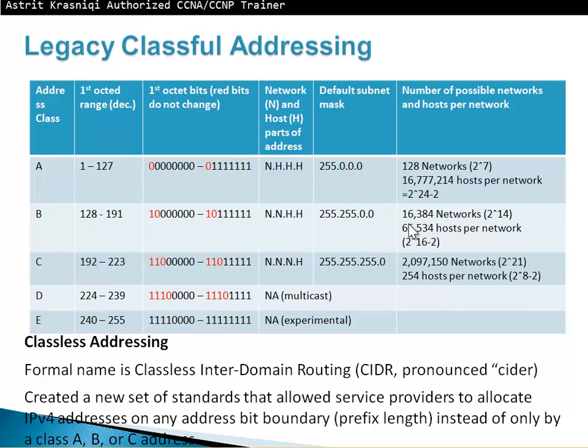With these 2 octets, we could have 16,384 networks, and each network will get just above 65,000 hosts. Class C, we will have 2 million different networks available, and each network will have 254 hosts. Class D is reserved for multicasting, and then the last one, Class E, is reserved for experimental.